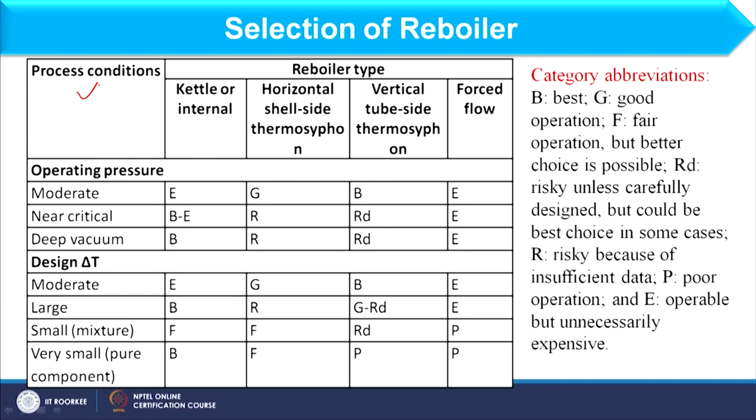Now, in this slide we will see the selection of reboilers. If you see, I am having different process conditions and reboiler types. So, we are comparing kettle or internal, horizontal shell side thermosyphon reboiler, vertical tube side thermosyphon reboiler and forced flow reboilers, and we are having different operating conditions.